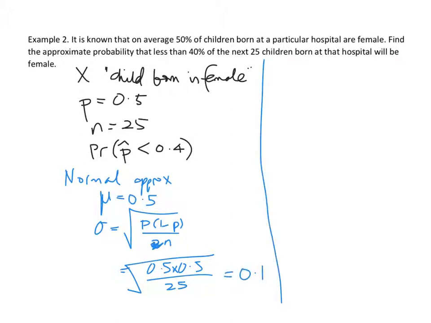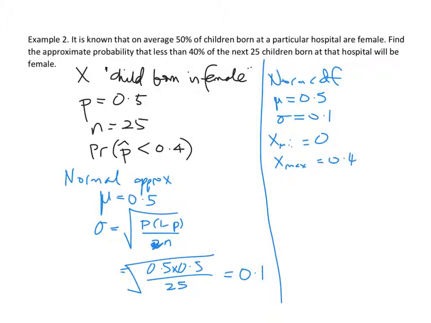And then you apply your normal CDF, where the mean is 0.5, standard deviation is 0.1, the minimum value for x, which is really p hat, is 0, and the maximum value is 0.4, and so therefore the probability of p hat less than 0.4 is equal to 0.158655, which you would round off to whatever you need to round off.